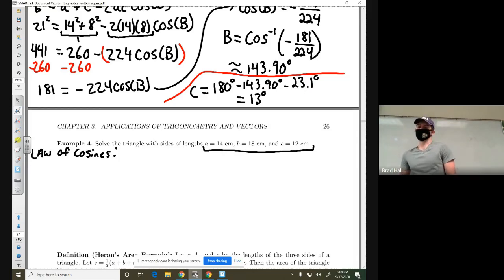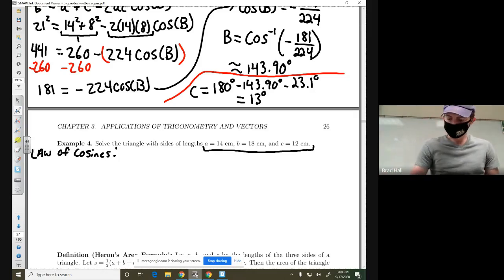And what I would recommend, because we can solve for any angle we want, is solving for the largest. Because I know the law of cosines isn't going to steer me wrong. And if I have to use the law of sines next, then I don't want to use the wrong angle. So really, it's up for us to choose.